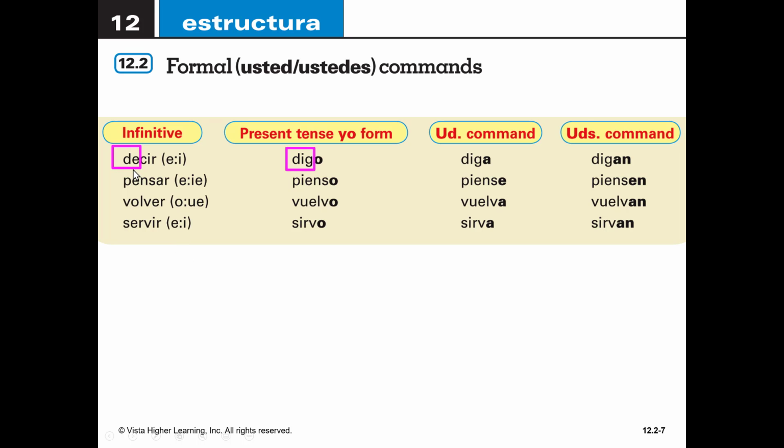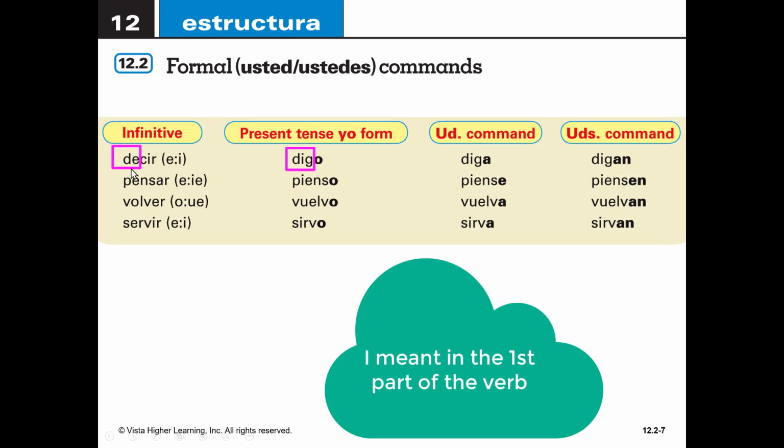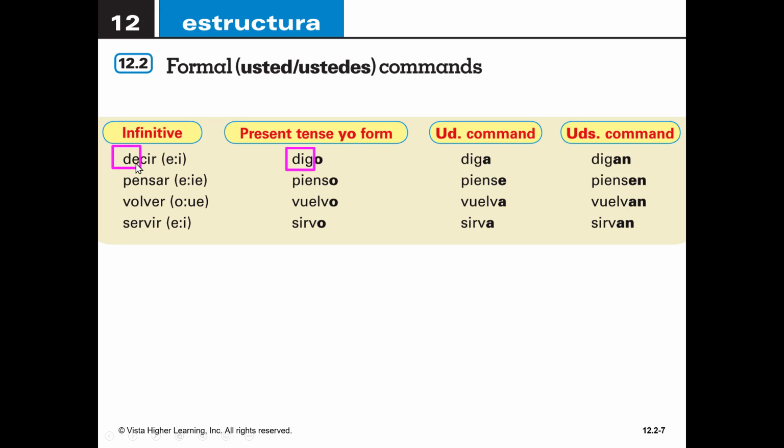Remember, the stem changing ones are the ones where something changes in the stem, in the first part of the word. For example, decir, that E becomes an I. If I conjugate decir in the yo form, it changes to digo.